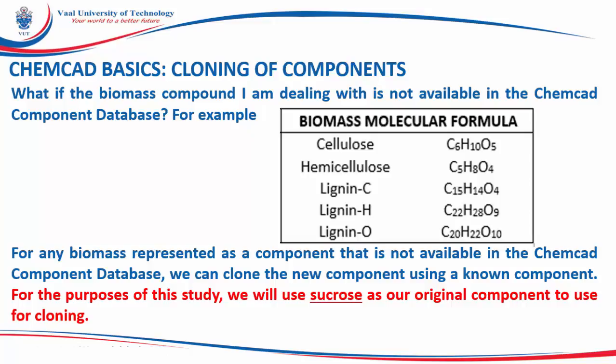We can adjust them and change them if we want to, but for the purposes of this design, we are going to leave them all the same, which are going to be that of sucrose. The only thing that is going to change is the molecular formula and the molecular weight.